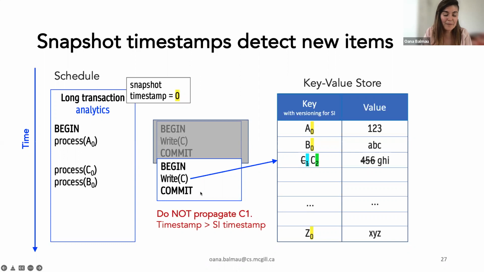Now, because the old item, the item that was already in the database, has a timestamp that is older than our snapshot timestamp, we don't propagate, and we can just immediately replace C1 with the new version C2. So tracking the timestamp is needed to avoid processing the same element twice.